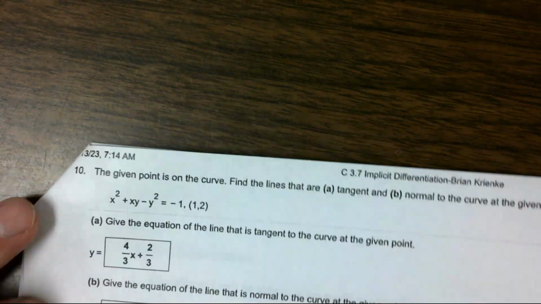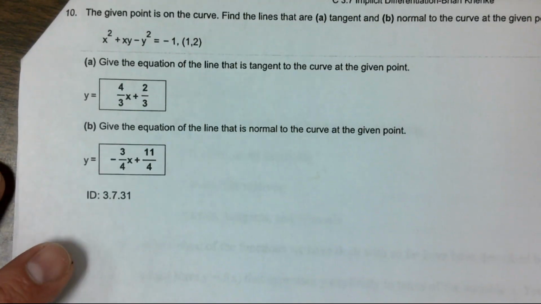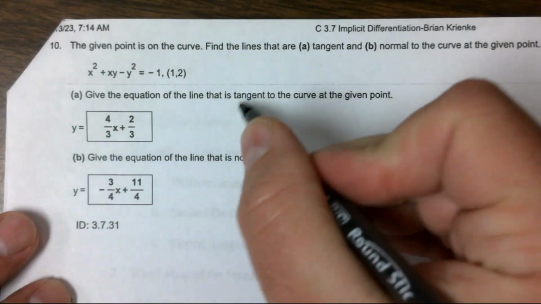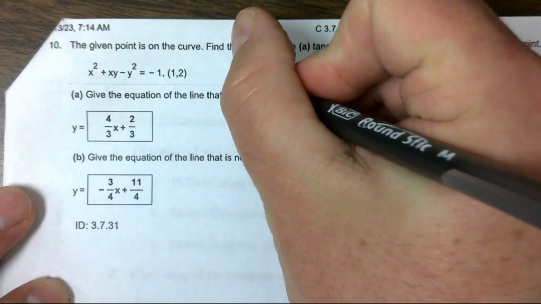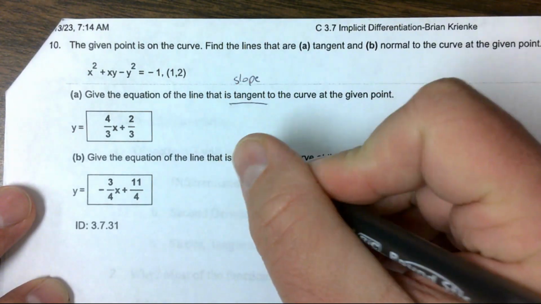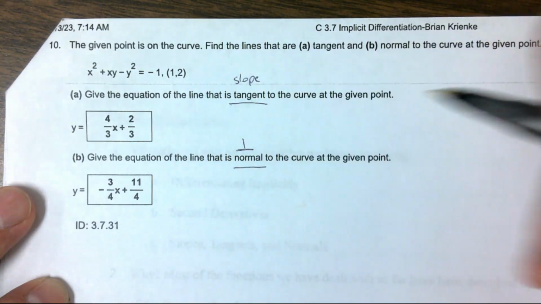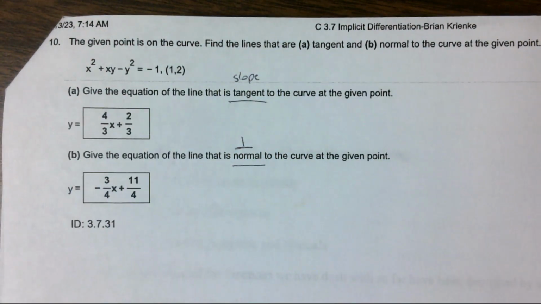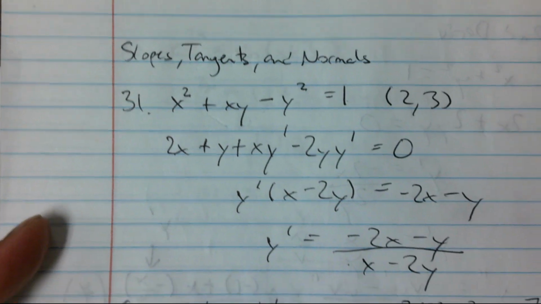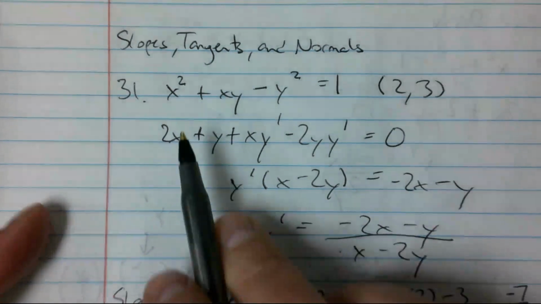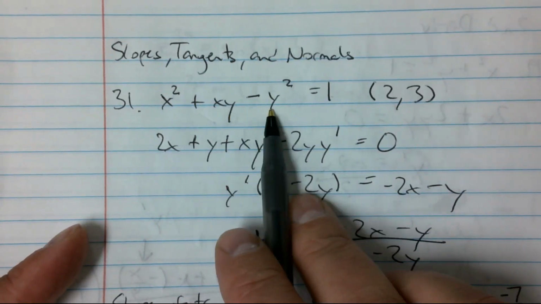Okay. Now we have one more. This one, we need the tangent line, which uses the slope, and we do the normal, which is the perpendicular. So for the example on this one, we have x squared plus xy minus y squared equal 1.